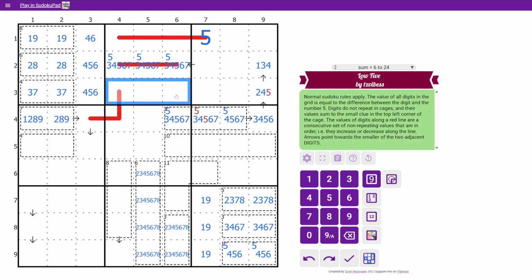So 1, 9 has to go down here. This cannot be 4 anymore. Oh, and this is 0. So this is 4 or 6, which is 1.